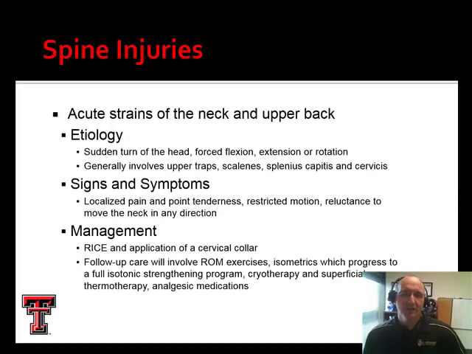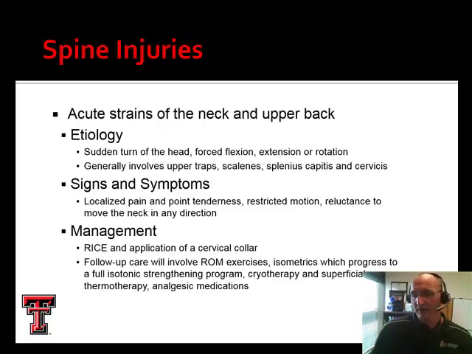Okay, when we talk about strains, now we're talking about stay and play. These aren't load and go. This can result from a sudden turn of the head. It can even result from sleeping in an awkward position for an extended period of time. We may need to apply a collar for a severe strain, if they can't hold their head in the proper position.